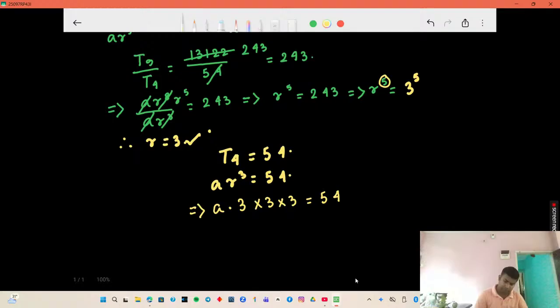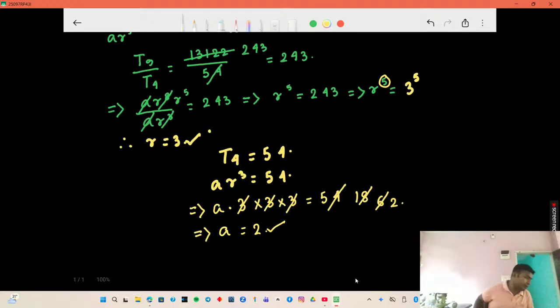So when we cancel this, this will be 18. When we divide 18 by 3, the value will be 6, and when we divide 6 by 3, the value will be 2. Therefore, here the value of the first term is 2. So now we can conclude that the first term is 2 and the common ratio is 3.